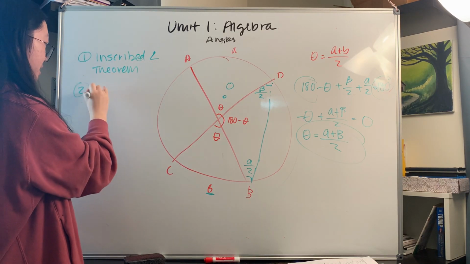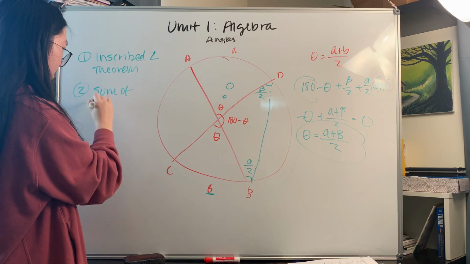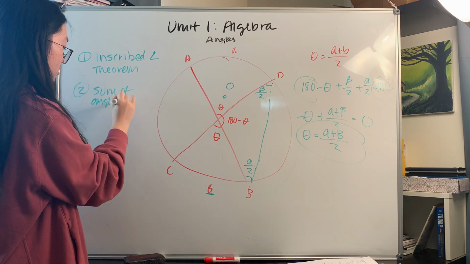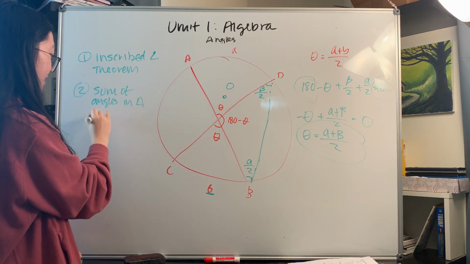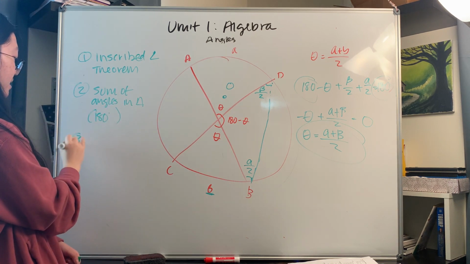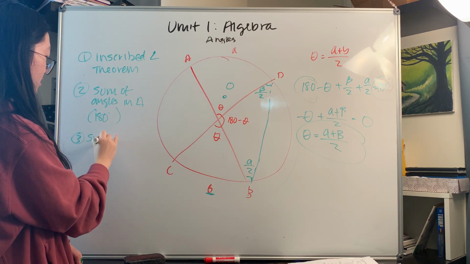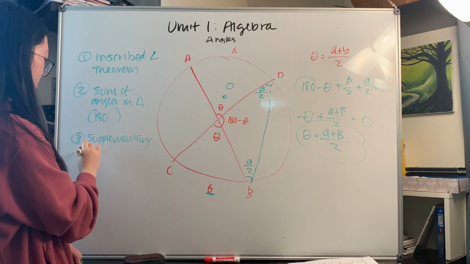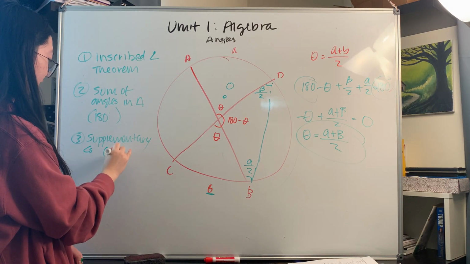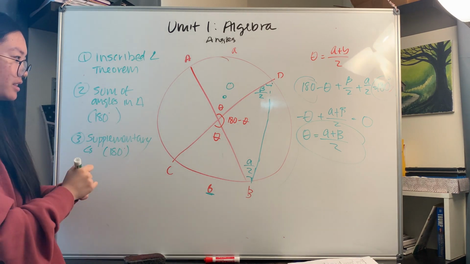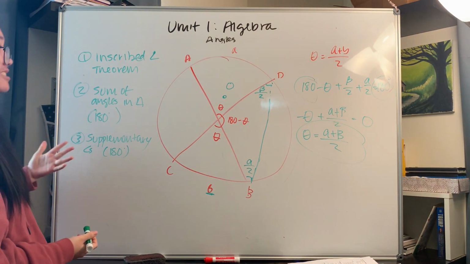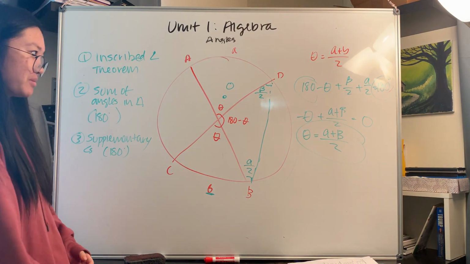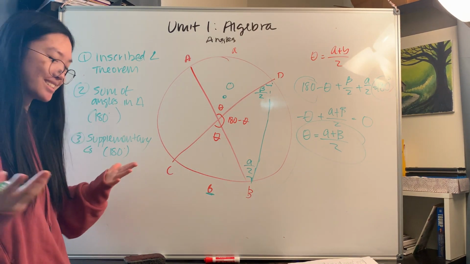The other one was the sum of angles in a triangle, which is 180 degrees. The third one is supplementary angles, which add up to 180 degrees as well. And we basically used these three tools, and we were able to figure out a variety of proofs.